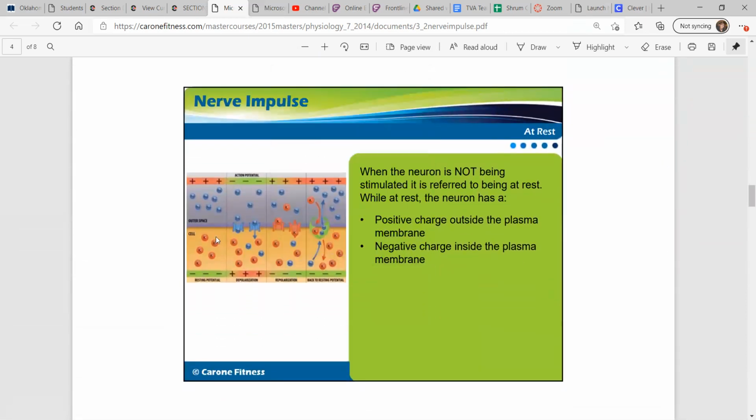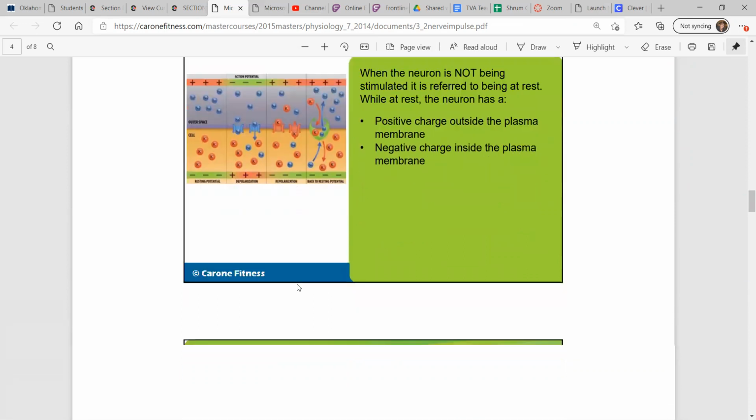When the neuron is not being stimulated, it is referred to as being at rest. And while at rest, the neuron has a positive charge outside the plasma membrane, a negative charge inside. Positive outside, negative charge inside the plasma membrane.